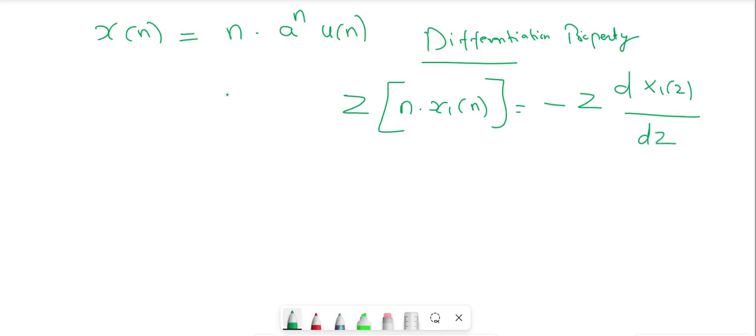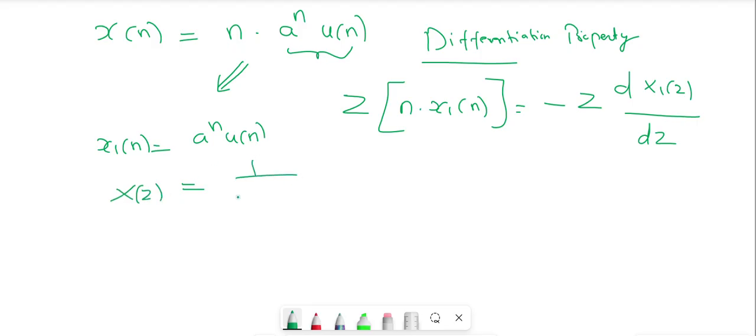You can apply this differentiation property. So if x1 of n is equal to a power n into u of n, we already derived this. What is X of z for this one? It is 1 divided by 1 minus a z inverse, where the modulus of z is greater than a.